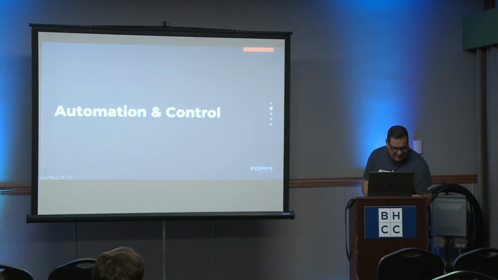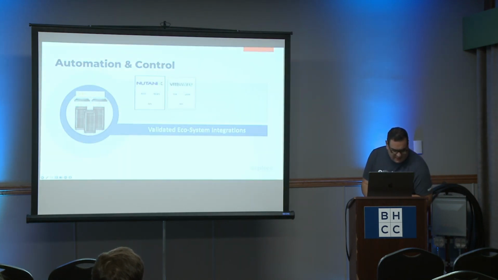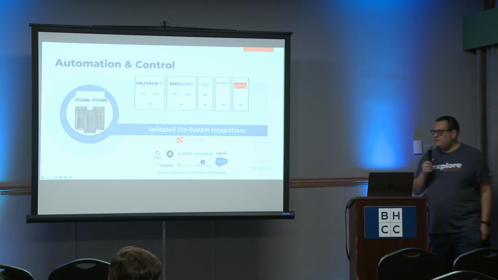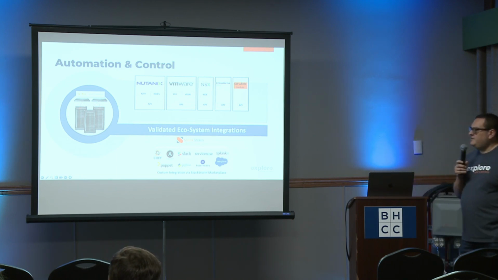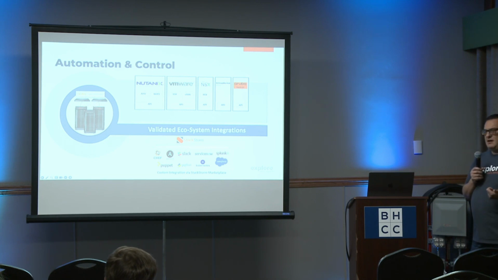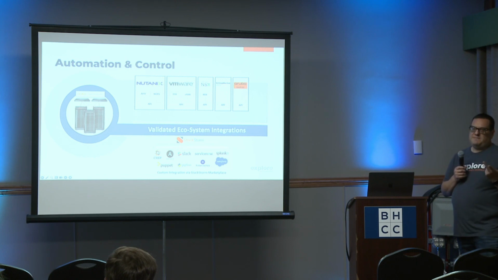Let's get past this slide. Automation and control, I kind of covered this, right? Here's all the different integrations that we can work with as well, right? Different clouds. And it's not just stateful inspection on the 10K as well. You can do some pretty basic load balancing. You can do IPsec termination.